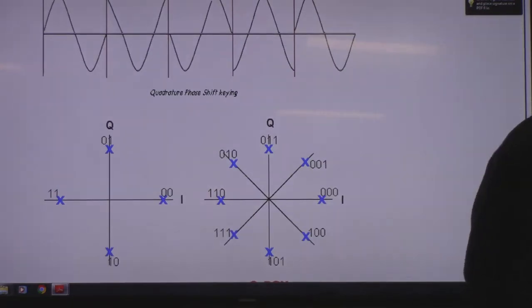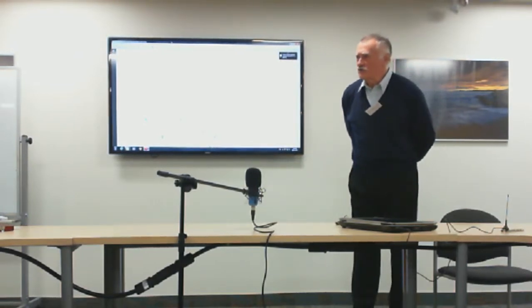The signal is being sent into the microphone input with a given rate. The signaling rate is the rate at which the analog tones are changing. This rate is called the baud rate. So the baud rate, after the name of Emile Baudot, represents the number of analog changes at the input of the analog channel.